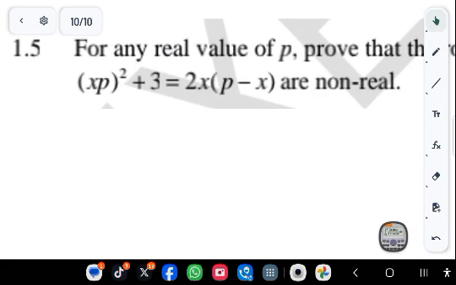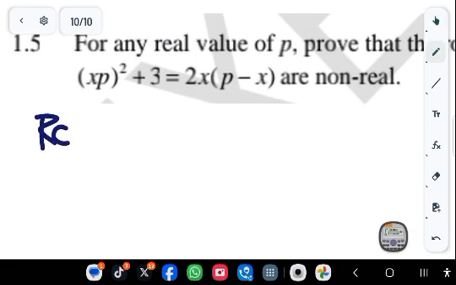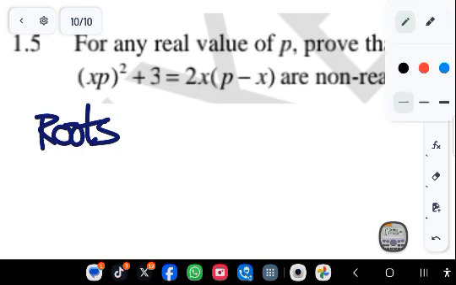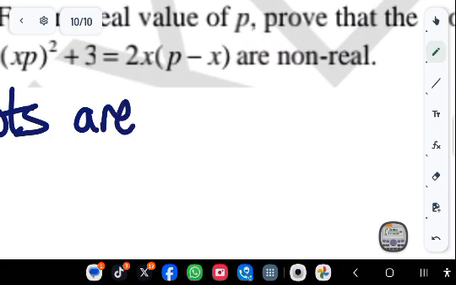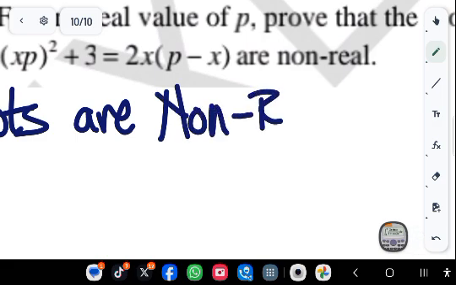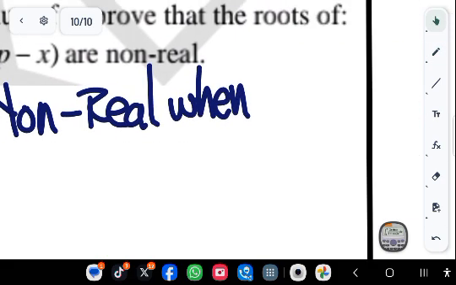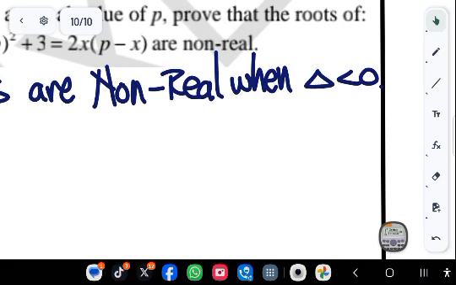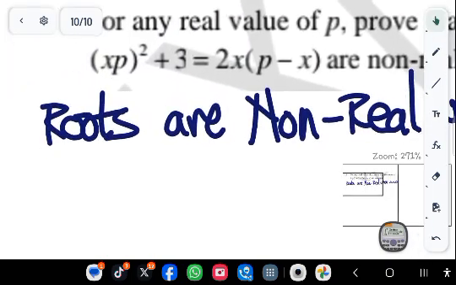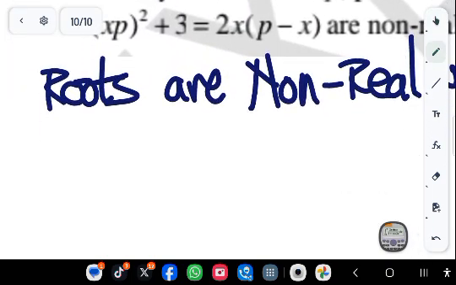Now, we know that roots are non-real when delta, which is b squared minus 4ac, is negative. Let's see if that delta is indeed negative for all real values of p.